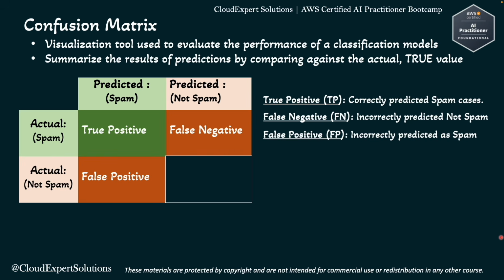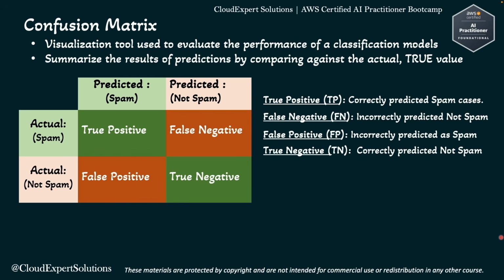The next is false positive, where the actual email is not spam, but the model predicted it as a spam email. Those are false alarms. And the last case is true negative. True negatives are the instances where the actual email is not spam and the algorithm also predicted that email is not spam. That means the prediction and the actual outcome match, however both are negative.